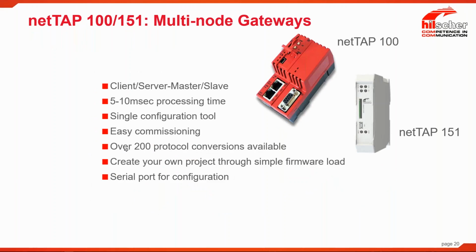First off is our netTAP 100 and 151. These are our multi-node gateways, fully featured and functioning. They are client-server, master-slave, which means they can act as either, so they can be configured in any way that you want. The processing time is quite fast, 5 to 10 milliseconds, which is doable for pretty much any motion control application.